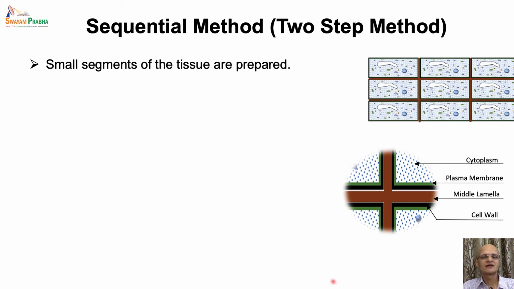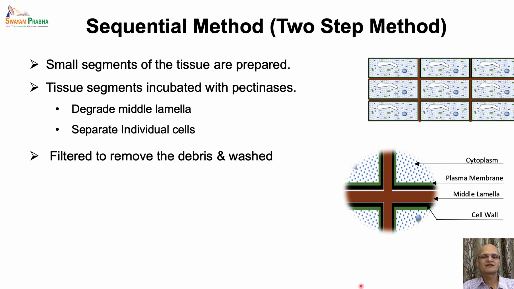Therefore, the first step is the tissue segments are incubated with the pectinases to dissolve the middle lamella. So, dissolving or chewing of the middle lamella will release the individual cells.